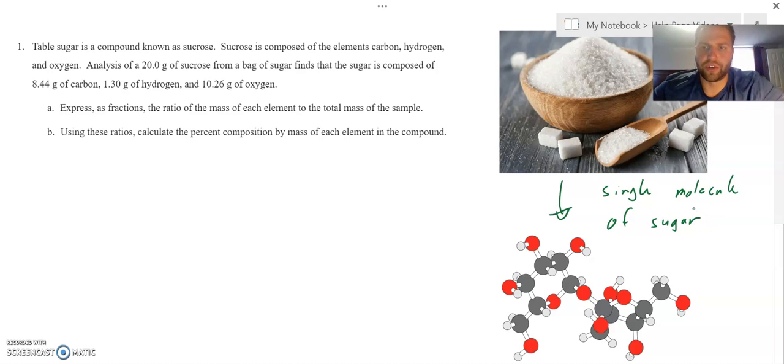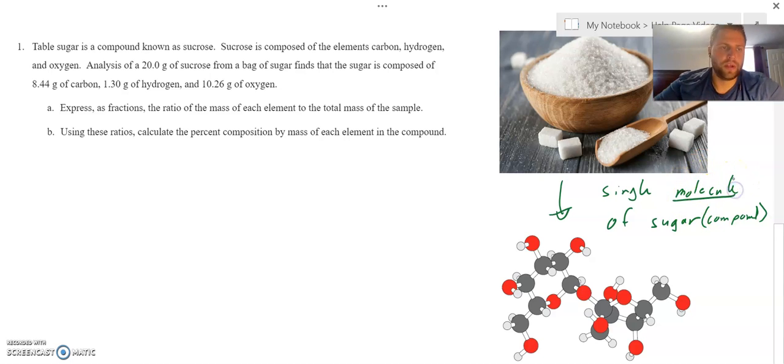And ask yourself, is sugar a compound? What do you think? It is, because we see that there's different colored particles fused together, so sugar most definitely qualifies as a compound. And just as a side note, anytime we have two or more particles fused together, we will call it a molecule.